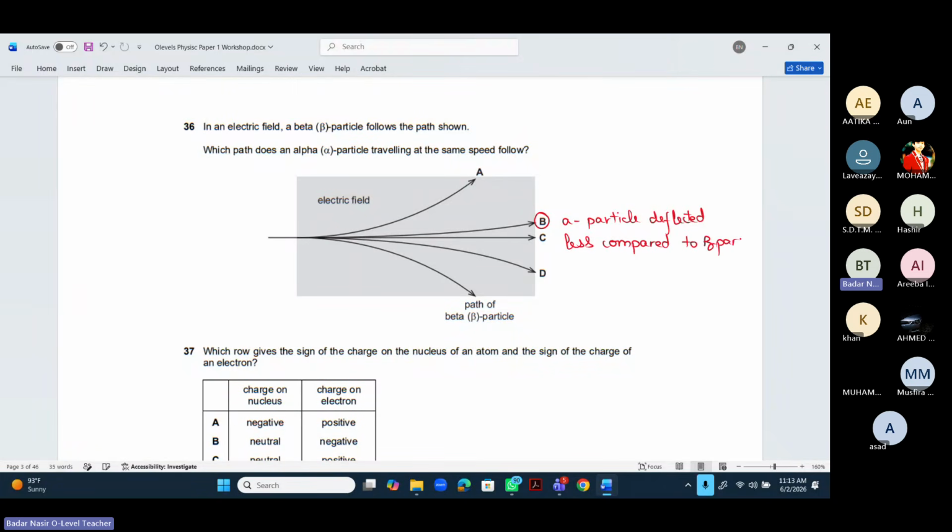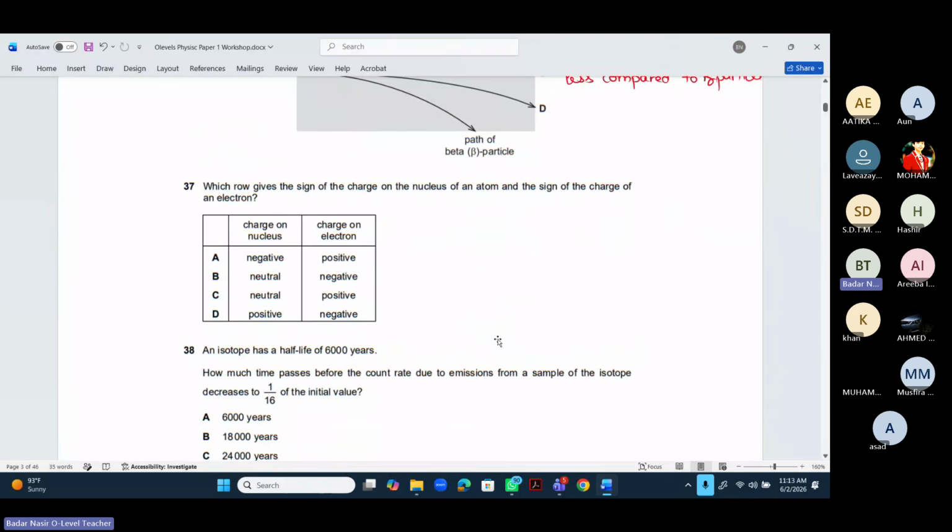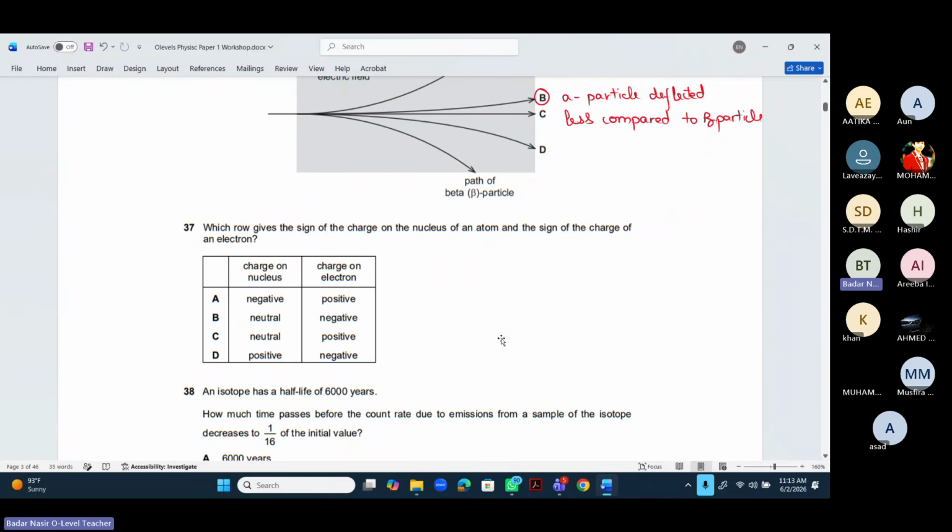Okay, now next we will see which gives the sign of the charge on the nucleus of an atom and the sign of the charge of an electron.